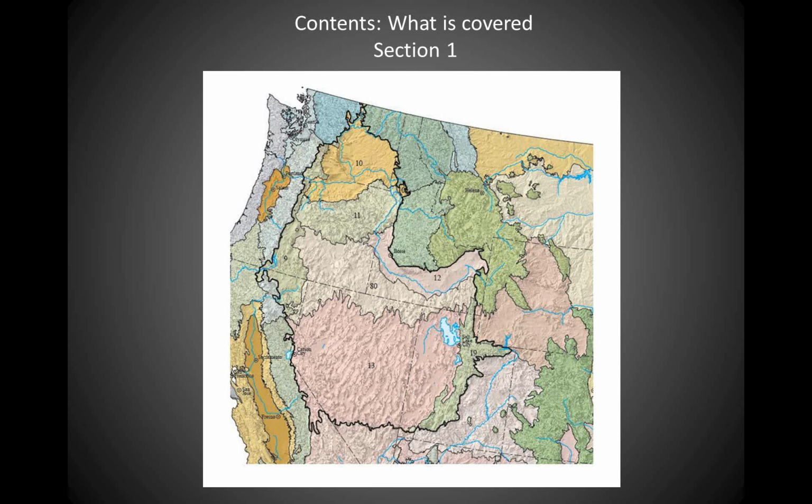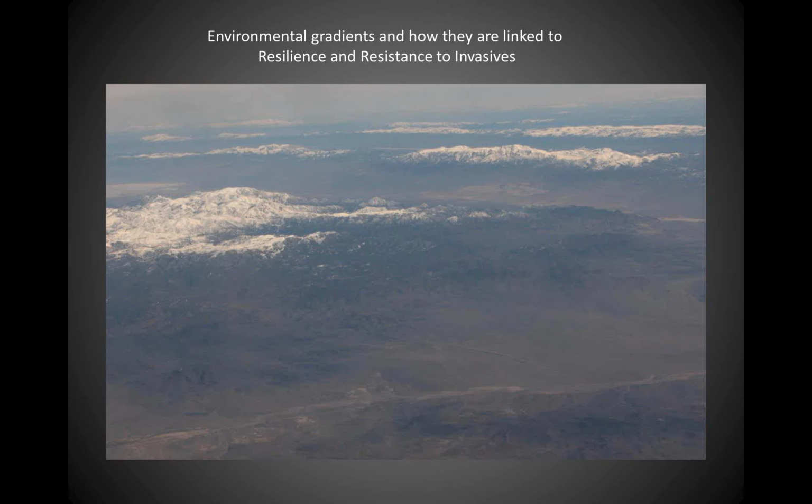Within this, the subsections would be things like the general geology and how it changes across this area, the soils, the vegetation, and the topography. It also gets into the environmental gradients that occur across these areas, particularly as we go up in elevation or have changes in aspect, that result in some fairly predictable changes. When we go up in elevation, it gets cooler and we get more precipitation.